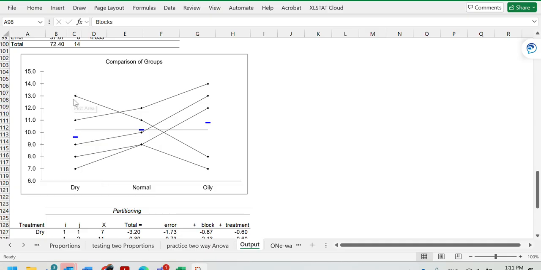But if you look at month 1 and month 4, month 1 for dry and normal is the same. It shows the same pattern. But after that, it goes down, right? The oily has come down in month 4. The same happens with respect to month 1. It reduced and further reduced.